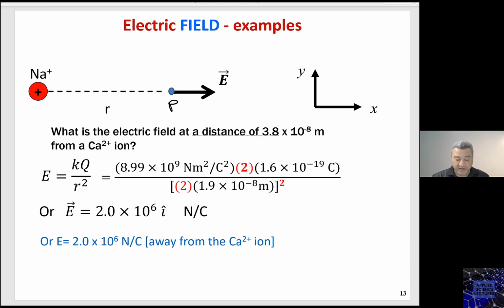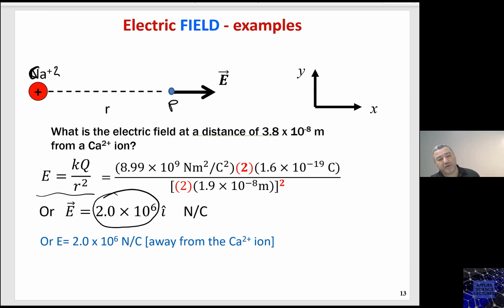Q here is a sodium, so this is, sorry, a calcium. So in this case, I have the magnitude of the electric field, kq over r squared, and the magnitude would be 2 times 10 to the power 6.